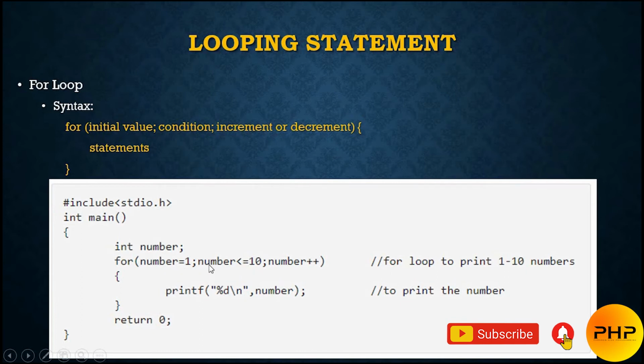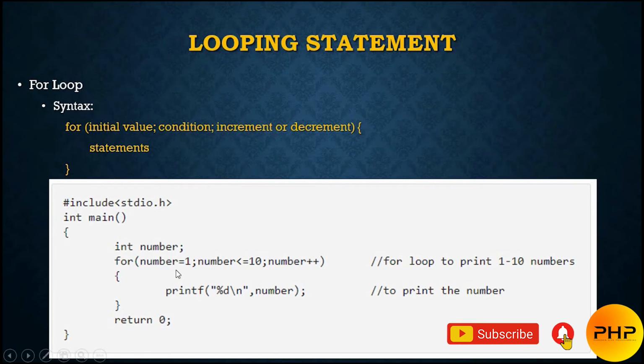In the for loop, you see the initial value: you start from 1. The condition says the number should end at 10, because it is less than or equal to 10, so 10 is part of the condition. The increment adds one to the number each time.